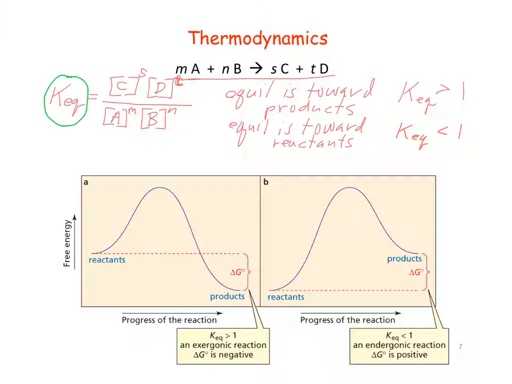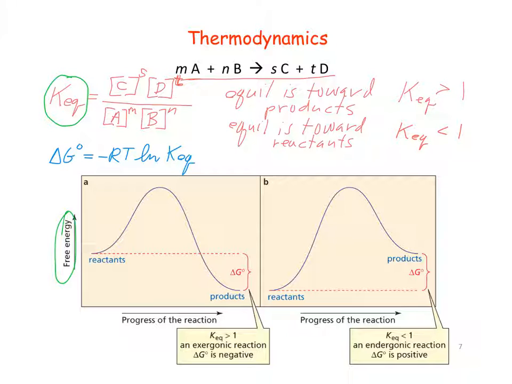All right, another thing is the relationship between this equilibrium constant and the free energy. There's this equation that says delta G0 equals minus RT natural log of the equilibrium constant.